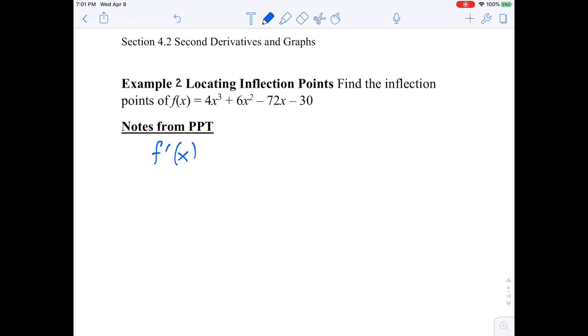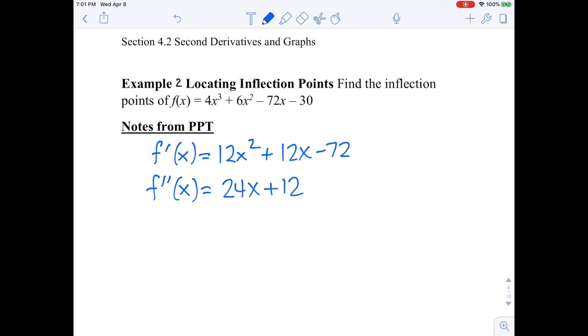So the first thing we need to do is find the first derivative, and then find the second derivative. So we are going to set that equal to 0.